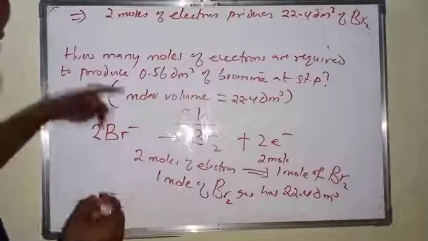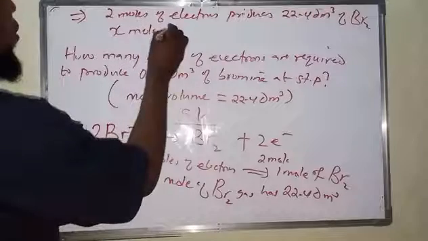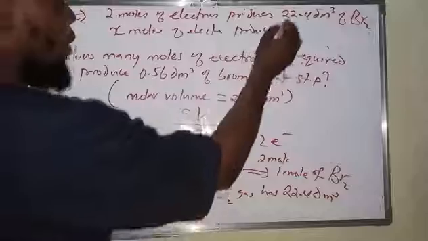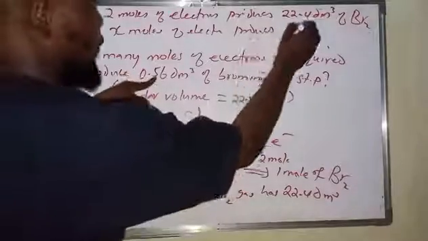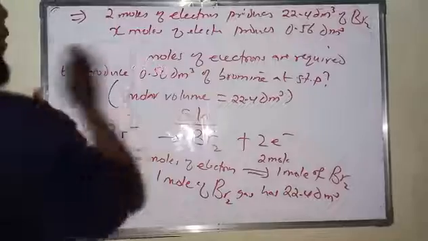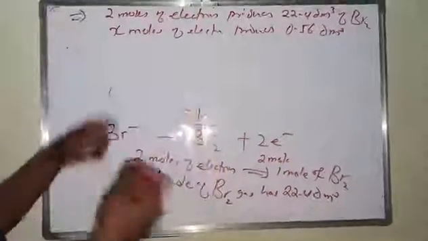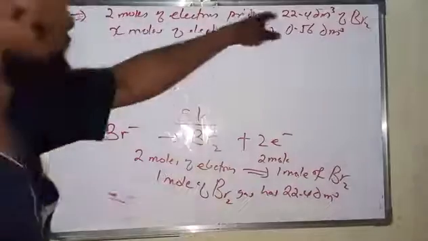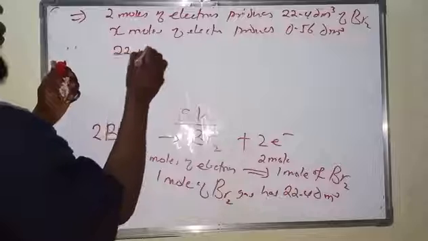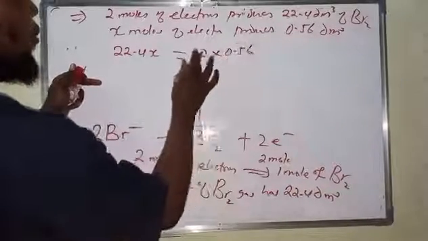Now, the question is how many moles of electrons? Let's call that S moles of electrons will now produce 0.56 dm cube. So this S is going to be our answer. Like you are used to doing, you cross multiply. Doing that, you are going to have 22.4 S, and 2 times 0.56.